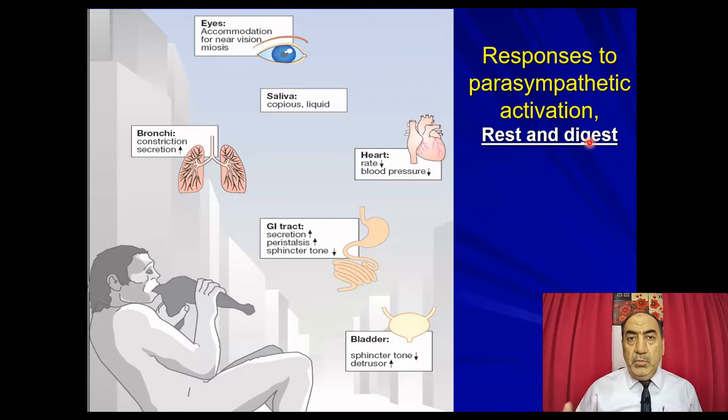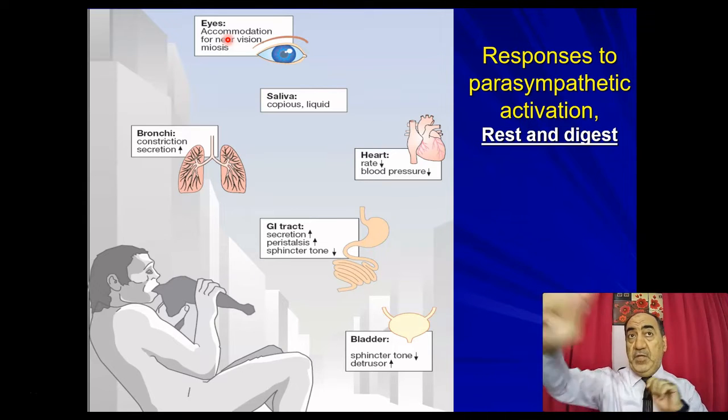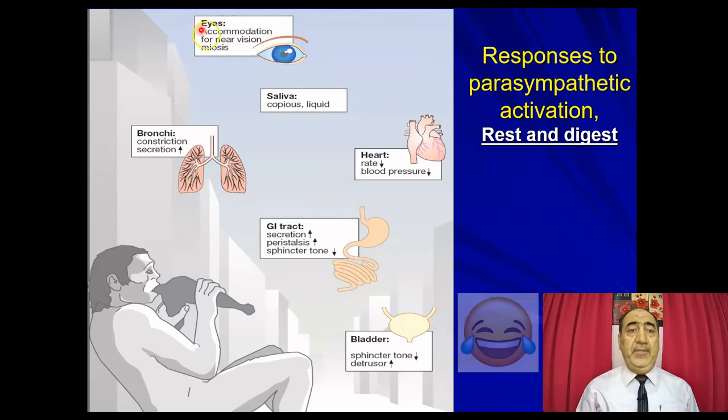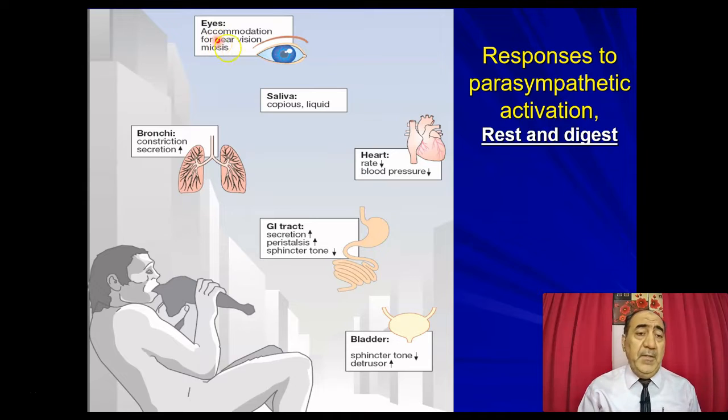Do I need a wide eye pupil, like mydriasis, and far vision? No, I'm just resting. So the eye accommodates for near vision, that's it, and also miosis, narrowing of the eye pupil.